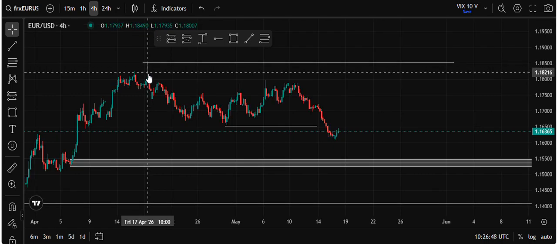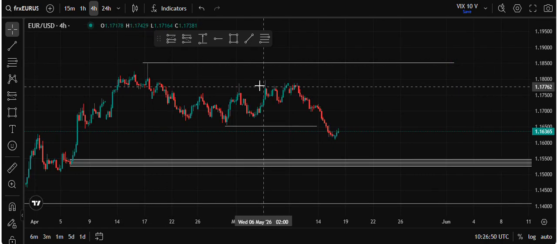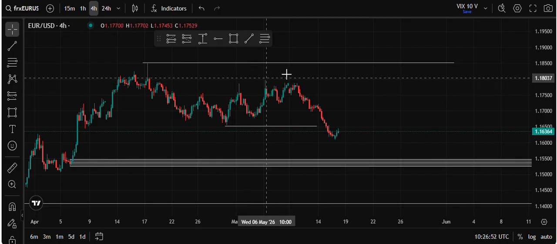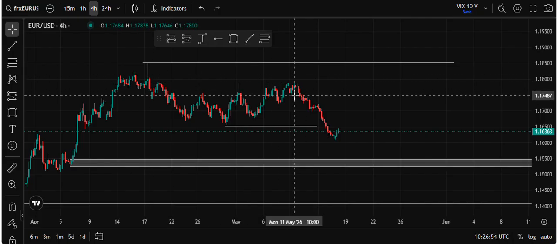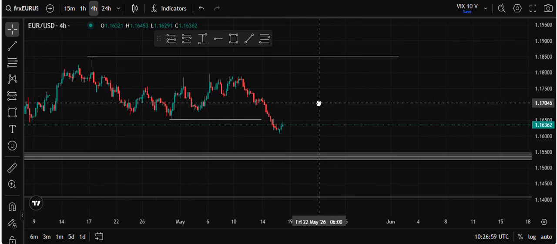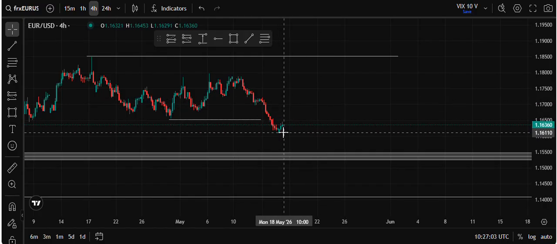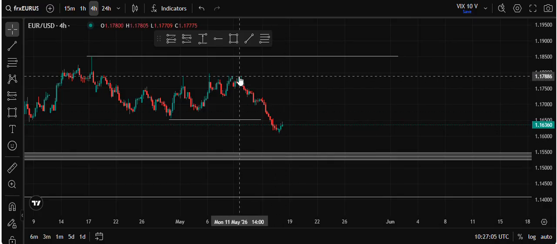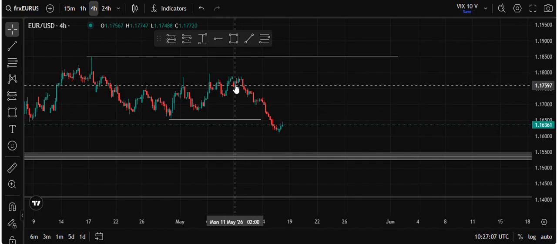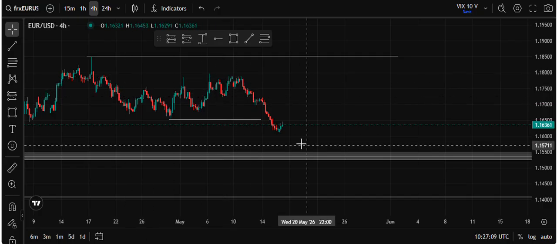It didn't really clear this wick on here. So I don't know how they trade their wicks on commodities, but based on what I'm seeing, these are current lows, and you could say these are current highs, because this was mitigated around here and here.